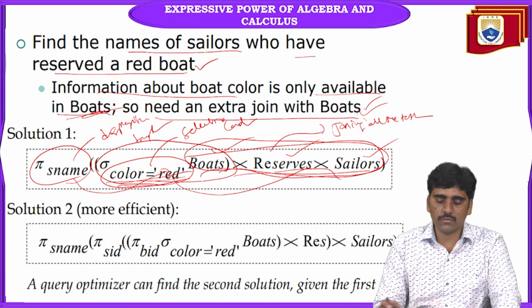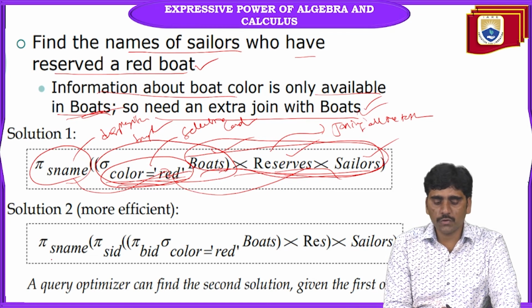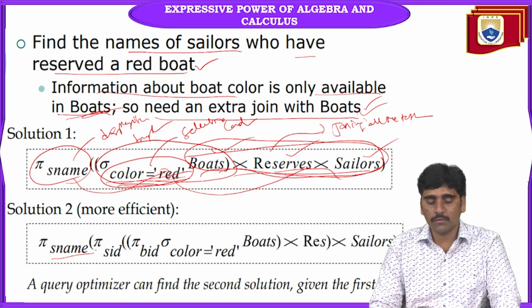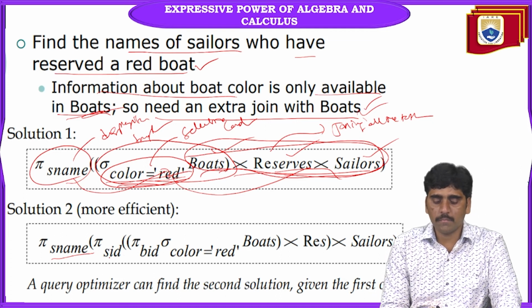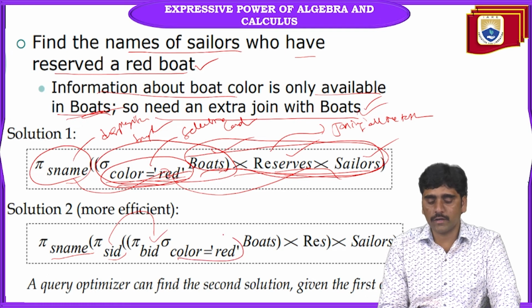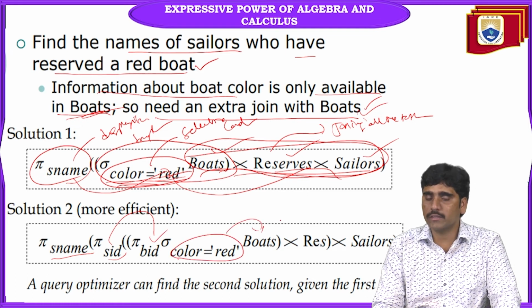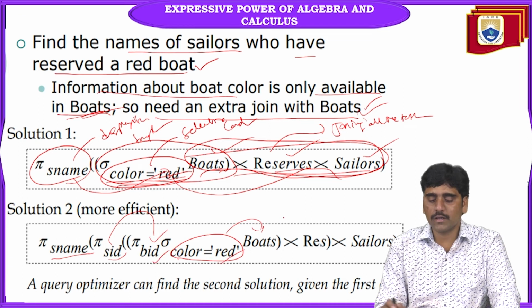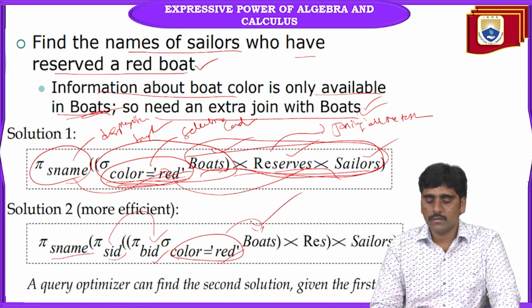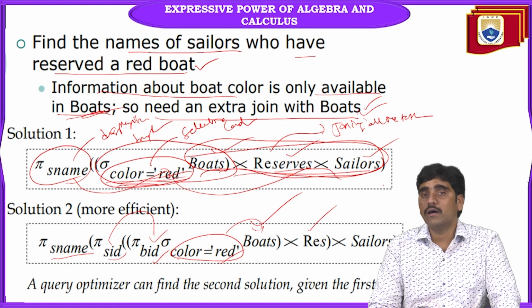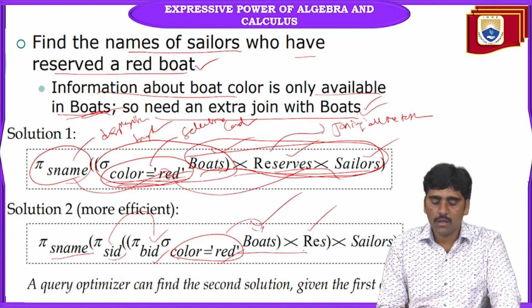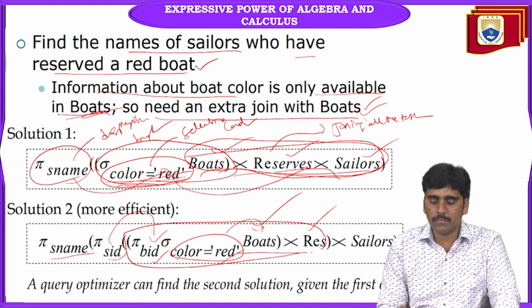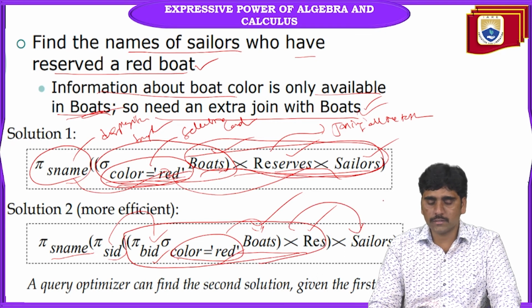Similarly, you can see another solution also. So I am going to print the sname from SID, and boat ID and color red from the boats table. I am going to take the boat ID and boat color from the boats table. Then next I am joining the reserves table with the boats table. After this, the result will be joined with the sailors table.